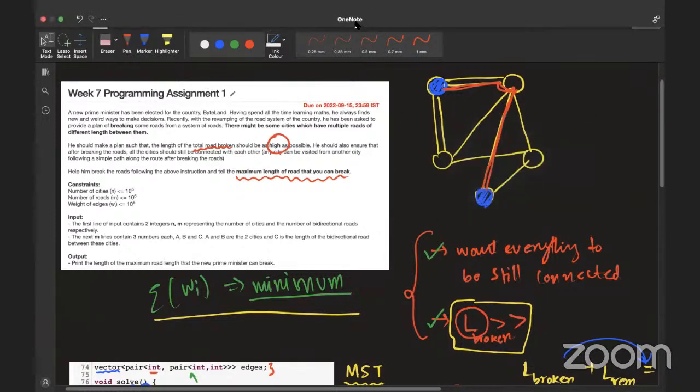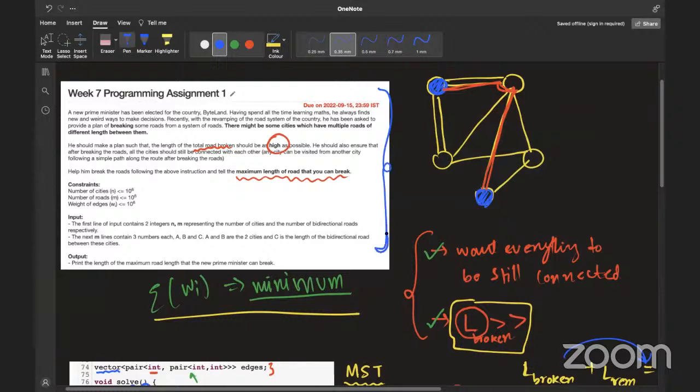So this time we had a bit easier problem than previous weeks because we received some feedback that the problems were a bit difficult. But again, from next week, I think we'll have more difficult problems than this one. This one was easy if you understood the question and grasped that what we wanted was basically an MST, because we wanted the length of the road that is remaining to be minimum.